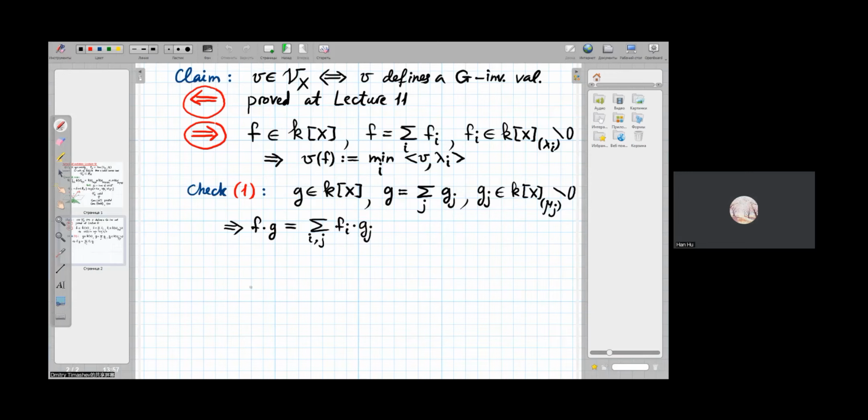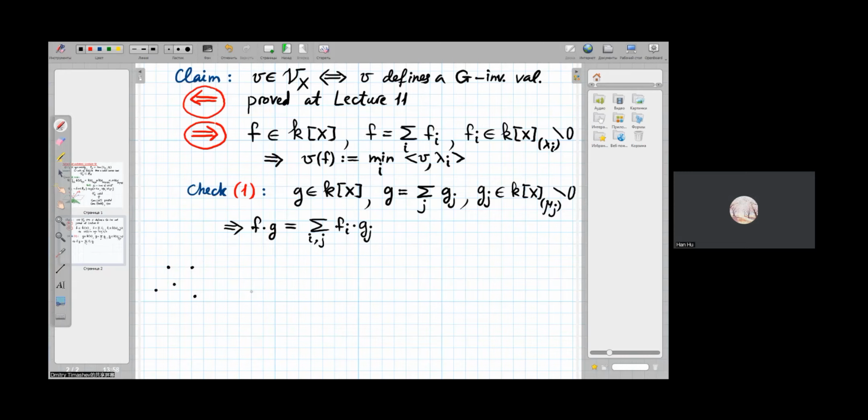Maybe again, let me draw a picture. So we have the set of highest weights lambda_i's corresponding to f. Maybe I'll draw it here. These are lambda_i's, some finite set of vectors in the weight lattice.